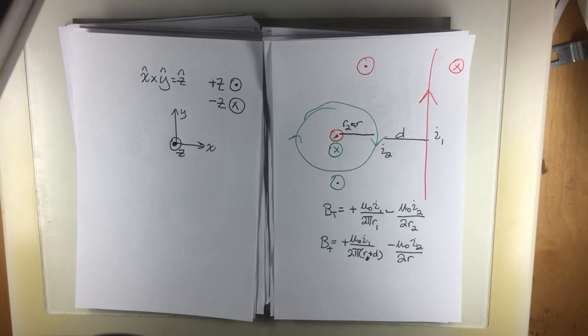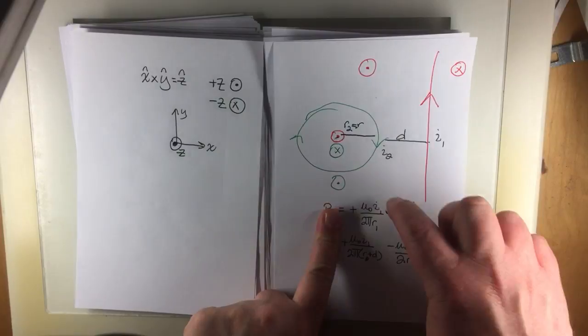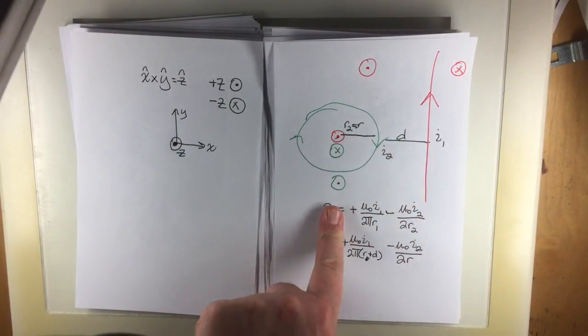The only reason why I love having the B field equal 0 is that I can dump mu naught, which is 4 pi times 10 to the negative 7. Why do I know it? Because I've said it 1,000 times. I don't expect you to know it. But if I set this equal to 0, then that goes over there, and a mu naught and a 2 cancel.